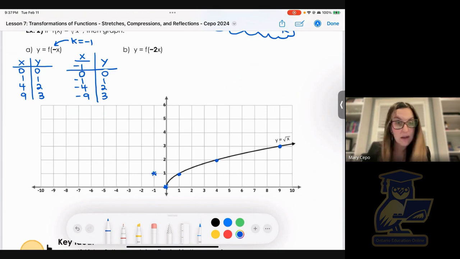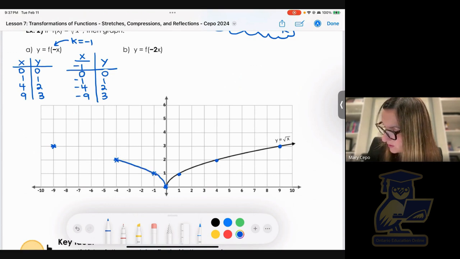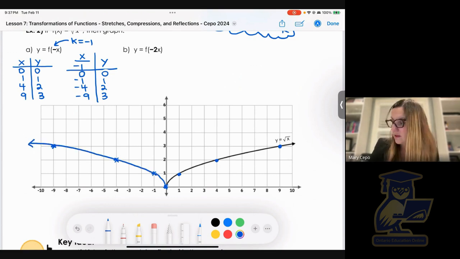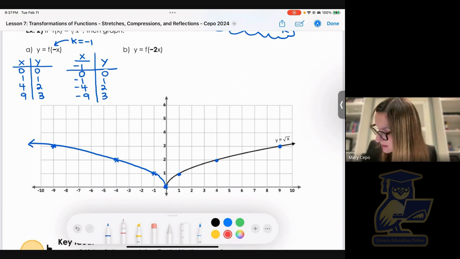When x is negative 4, y is positive 2. And when x is negative 9, oh, wow. So what we observe here is the function is reflected in the y-axis. What x values were positive became negative. So again, that would mean that they'd be the same distance to the y-axis.